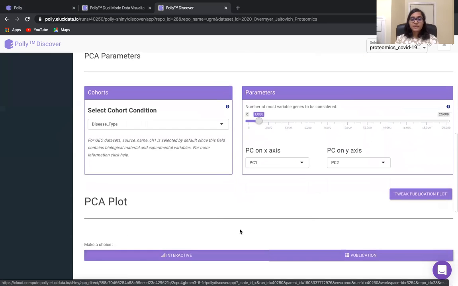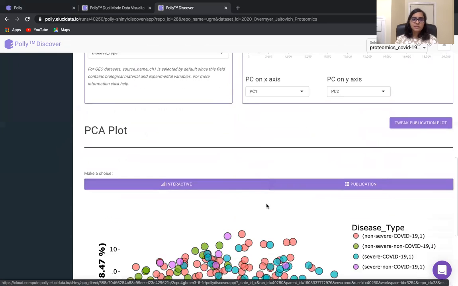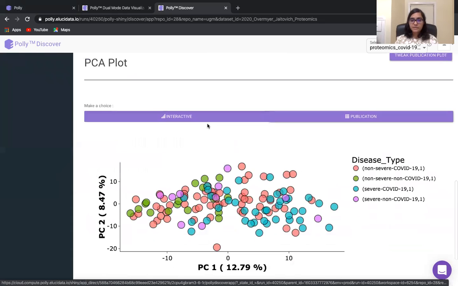You can do data set level statistical analysis, such as a principal component analysis plot. And you can see here that for the severe and non-severe COVID-19, some of the samples are segregated quite well, but others look very similar, at least at a data set level, to the non-COVID-19 patients.